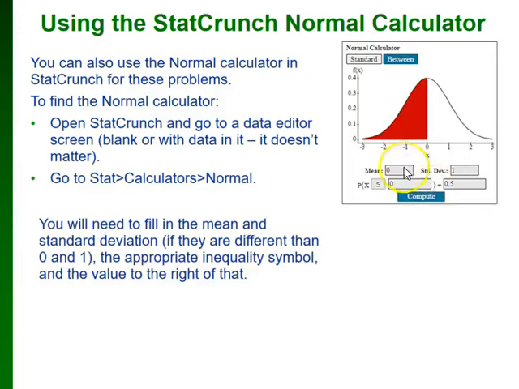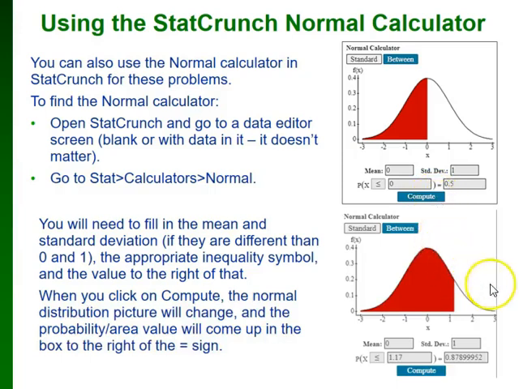This has a place to fill in the mean and the standard deviation. You'll need to fill in the appropriate inequality symbol in here. You have two choices, either a less than or equal to or a greater than or equal to. And you'll be able to fill in either the value to the right of that or a probability or area way off to the right.